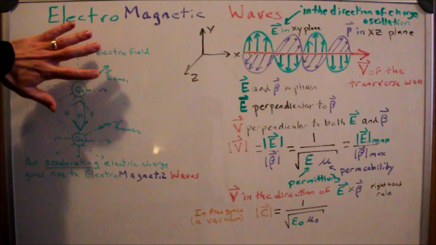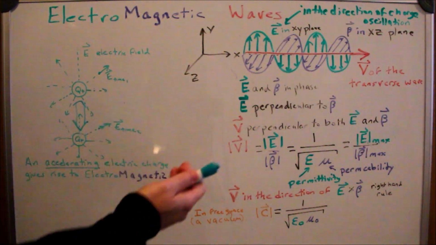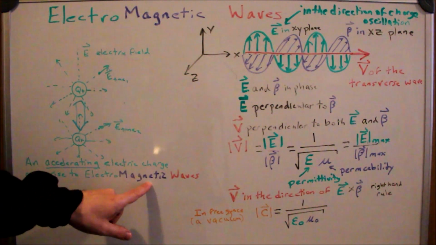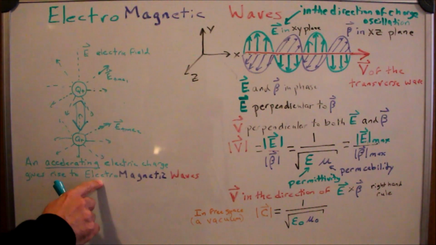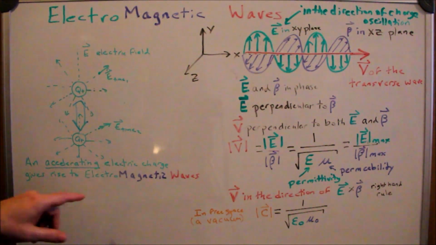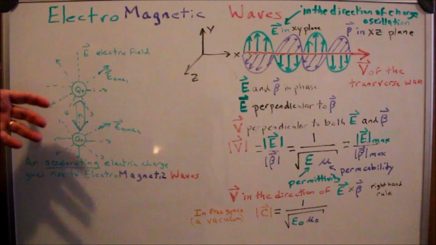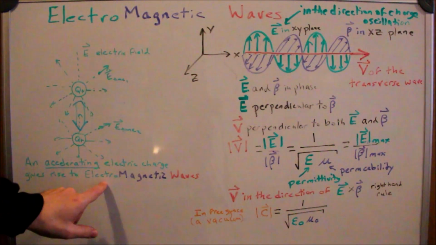A static electric field doesn't create a magnetic field, but a moving electric field creates a moving magnetic field, and in turn the moving magnetic field creates the moving electric field. That's why it's called electromagnetic, because this moving, accelerating field creates this relationship between the electric field and the magnetic field.